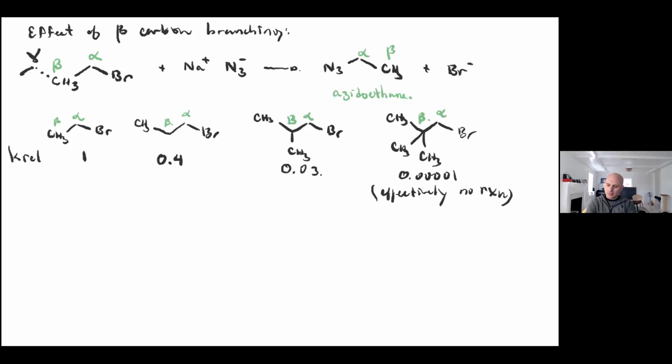All right, so let me show you some models, and then we'll come back and draw some of this out so you have it. But this I think is pretty cool. So let's see here.